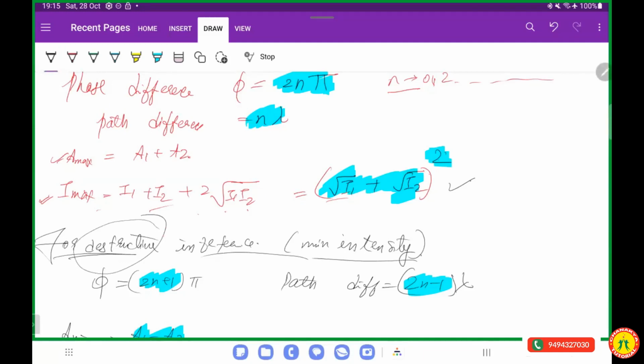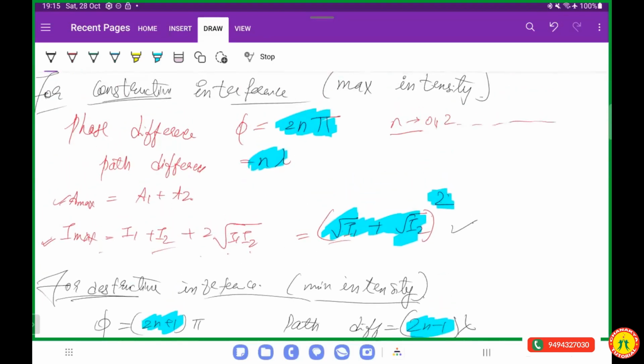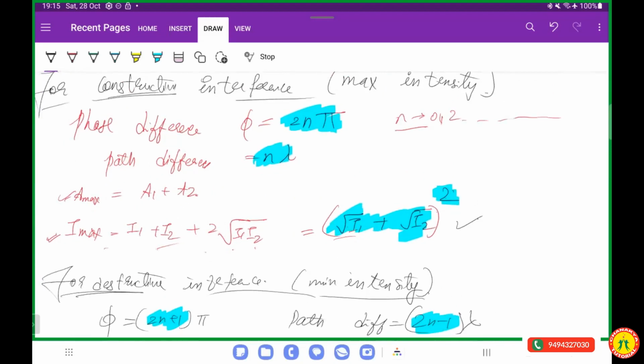Minimum, maximum, we wrote, okay, fine. But nobody's asking what is the actual meaning of it. Simply writing. If you don't ask, I'll assume you know this and I'll move to next.